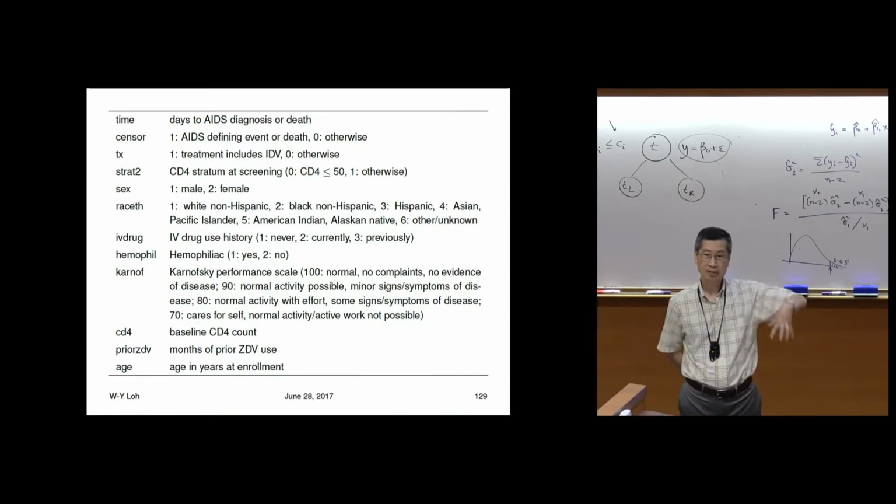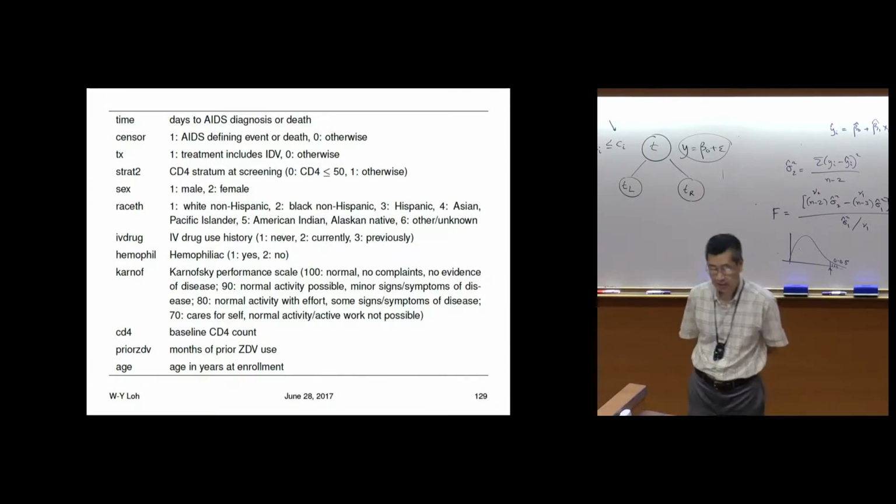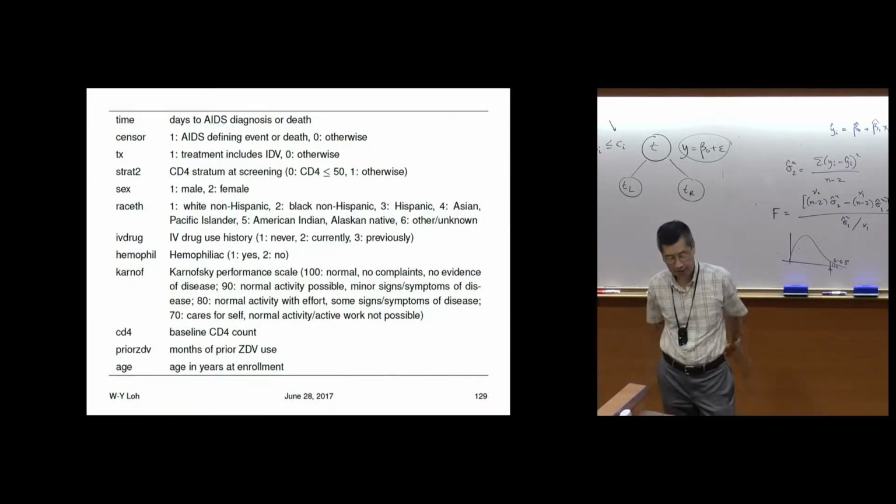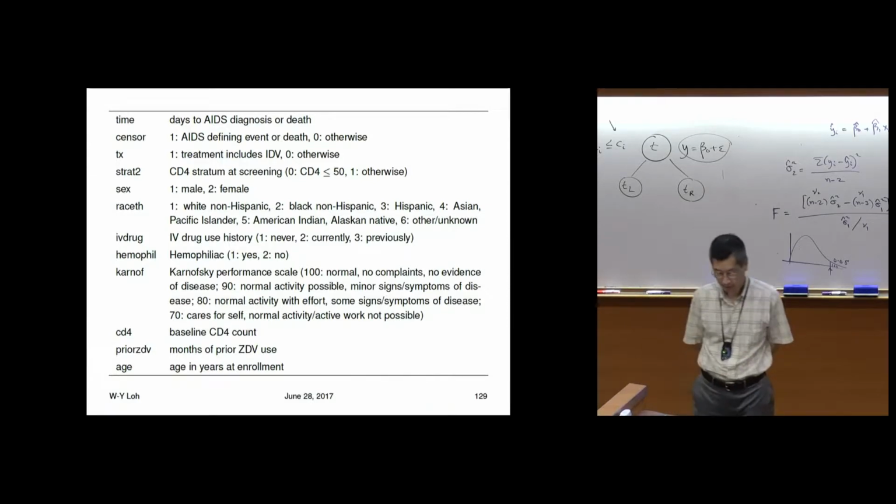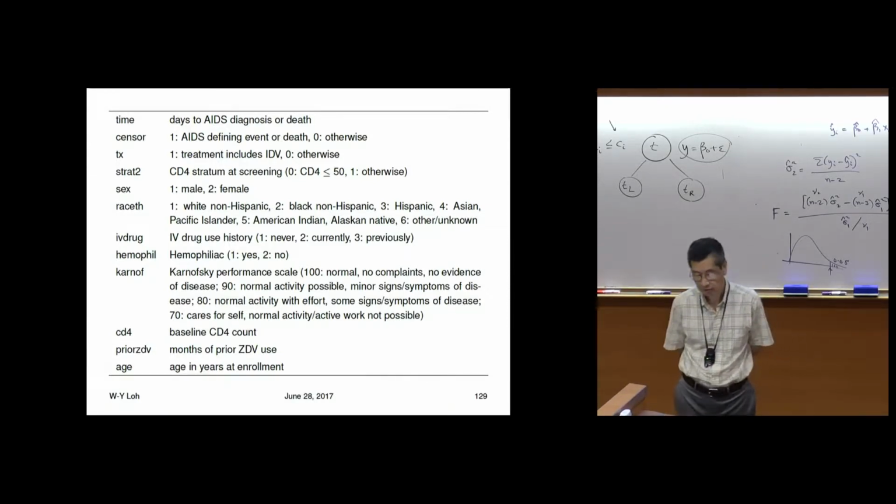Right. So these patients did not have AIDS before. They're HIV positive, so their bodies show that they're infected, but they haven't gotten AIDS. AIDS is another diagnosis. Right. So there's this censoring indicator, which is a 1 if during the time of the trial the subject had AIDS or died, otherwise it's 0. TX is treatment.